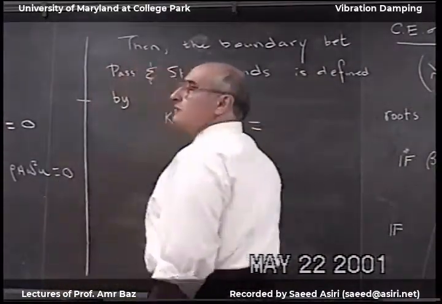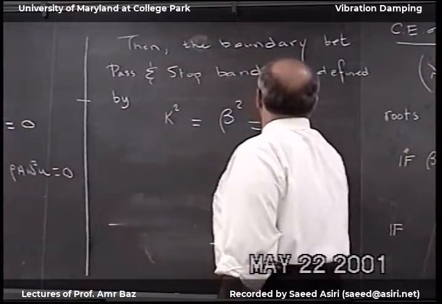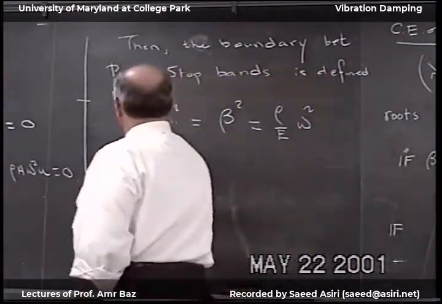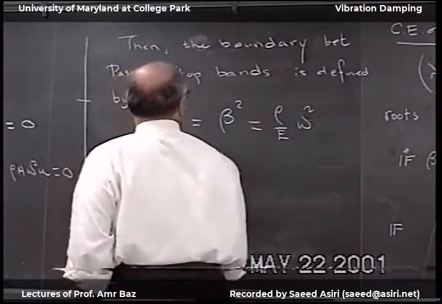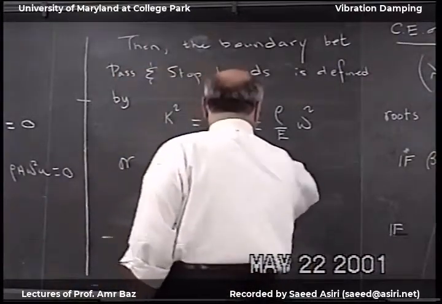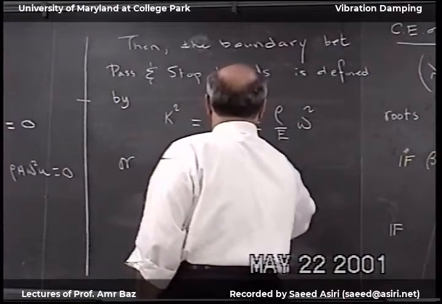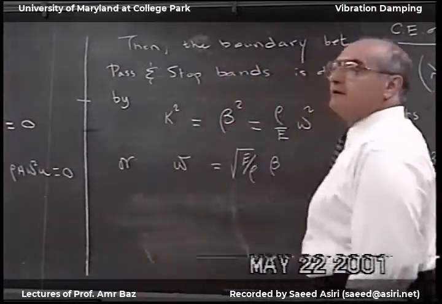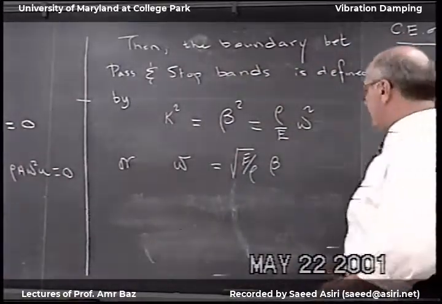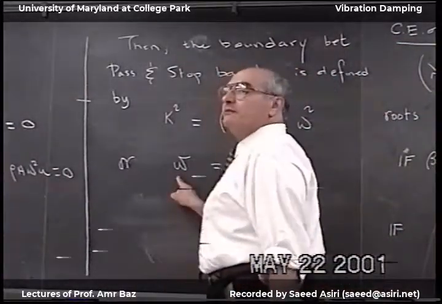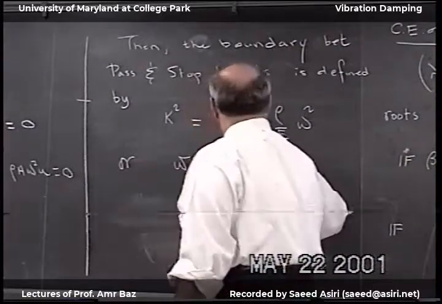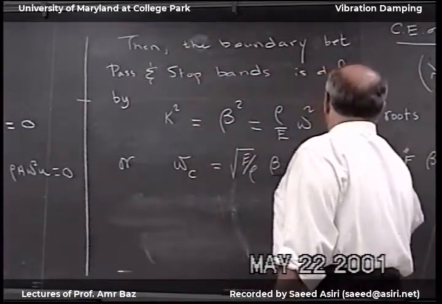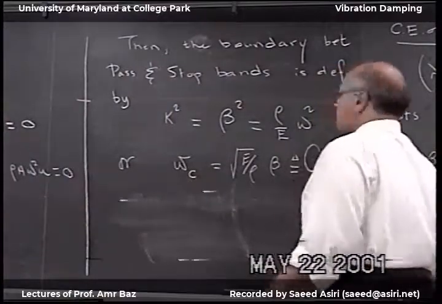And k squared is rho over E omega squared, or omega is equal to the square root of E over rho times beta. And I'm going to call this omega C, and this would be my cutoff frequency.